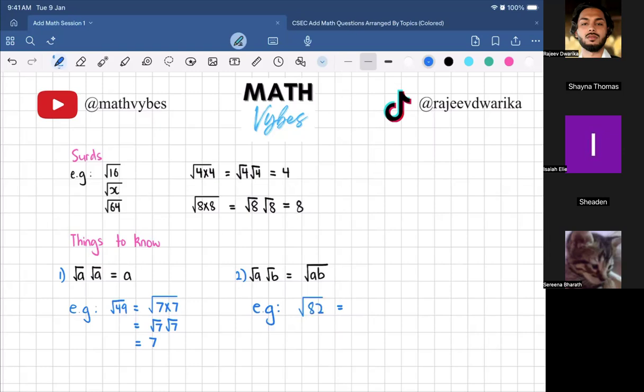But Shayna, do you agree that we could still write 82 as a product of two numbers? Yes or no? Yes, sir. Okay, give me an example. What two numbers can you multiply to get 82? It can be any numbers.